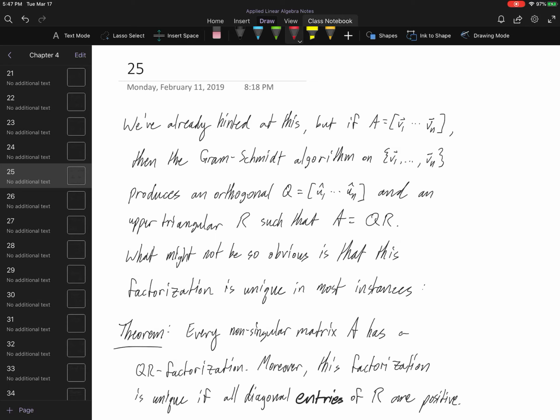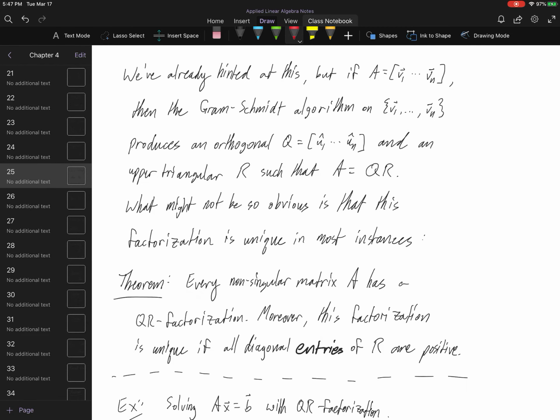There's one orthogonal set that shows up at the end, and there's one little bit here that talks about the uniqueness of this algorithm, or the uniqueness of the QR factorization that comes out at the end of the Gram-Schmidt algorithm.